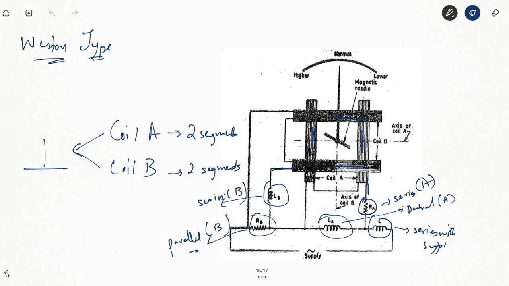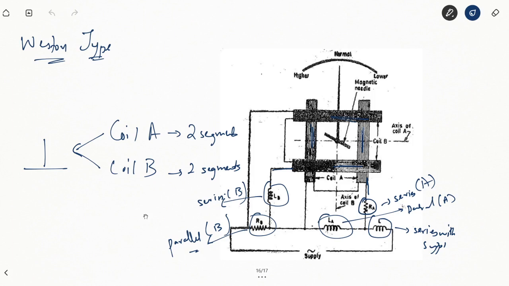Both coils are producing their magnetic fields, so the resultant magnetic field will cause the deflection of the magnetic needle. Now what we do is design the values of these resistances and inductances in this circuit such that the needle will take up a position of 45 degrees to both the coils, right?